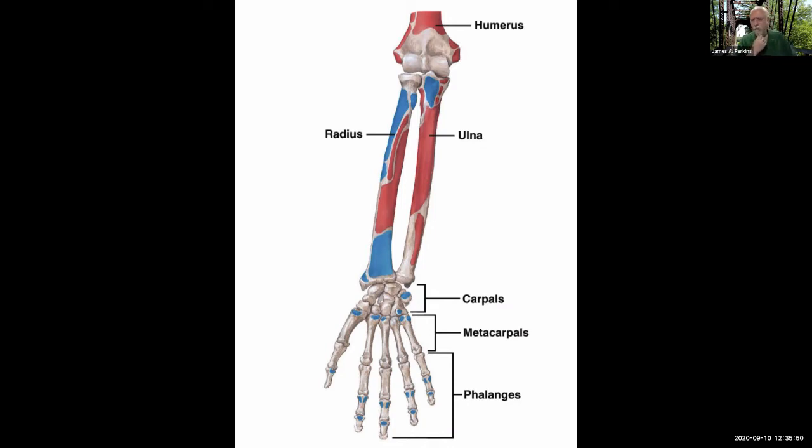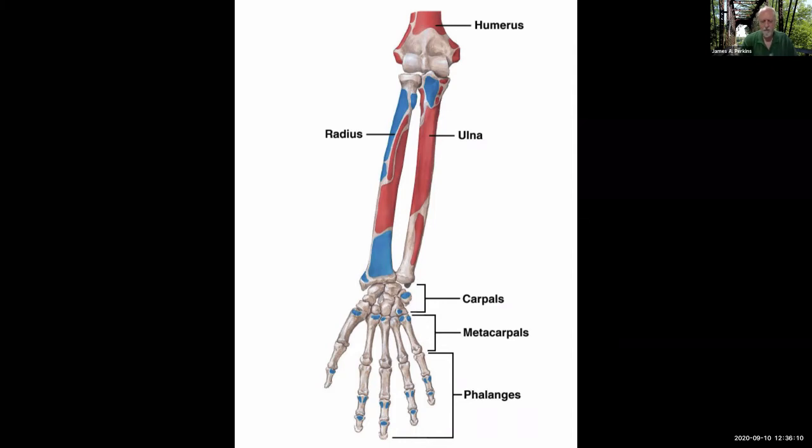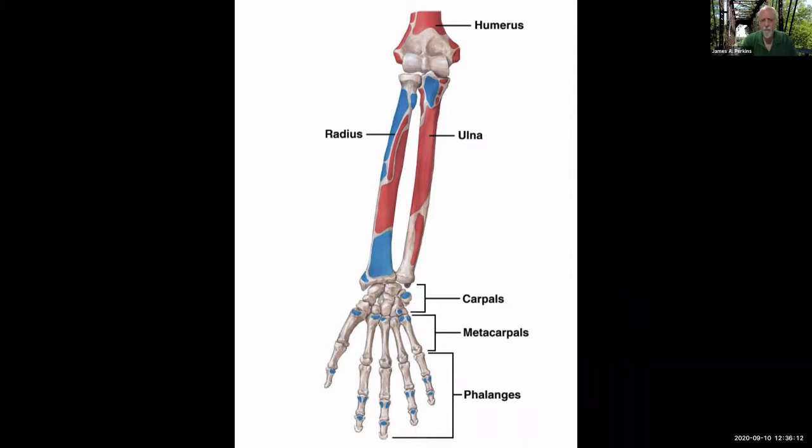Radius is thumb, RIT, referring to the fact that the radius is the more lateral bone of the antebrachium, and it's on the same side as the thumb. The ulna is the more medial of the two bones, so that would be facing medially or towards the rest of the body, and that would be found on the same side as the fifth digit or pinky finger.